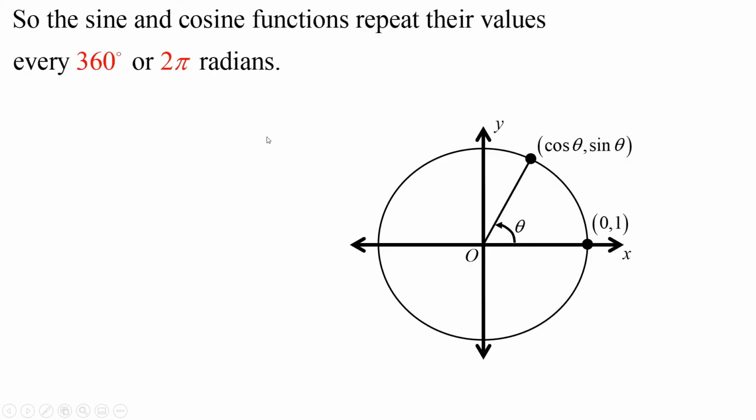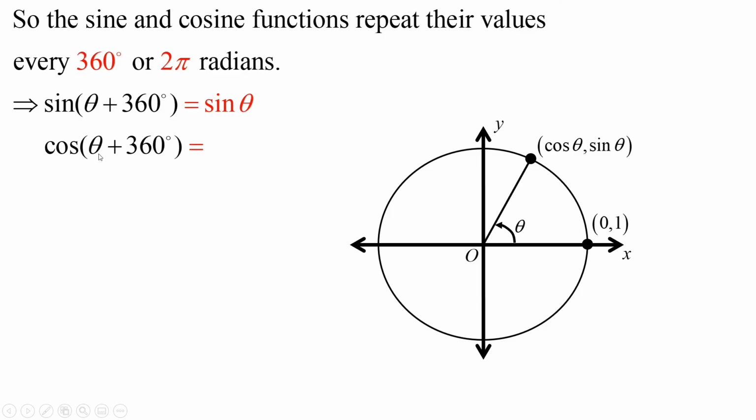Okay, so the sine and cosine functions repeat their values every 360 degrees or 2 pi radians. And that's because you're doing complete revolutions of 360 degrees or 2 pi radians. So that implies sine of theta plus 360 is going to give me the same output as sine of theta, because I'll have the same terminal ray at theta or theta plus 360 degrees.